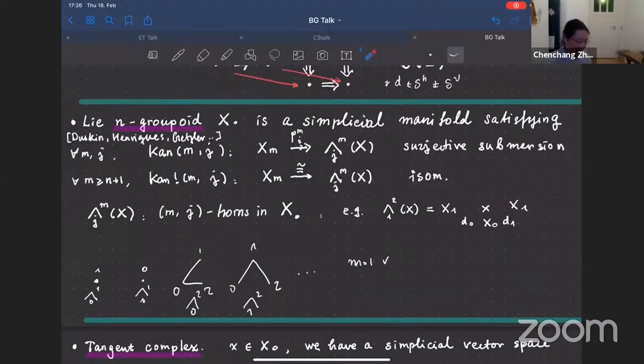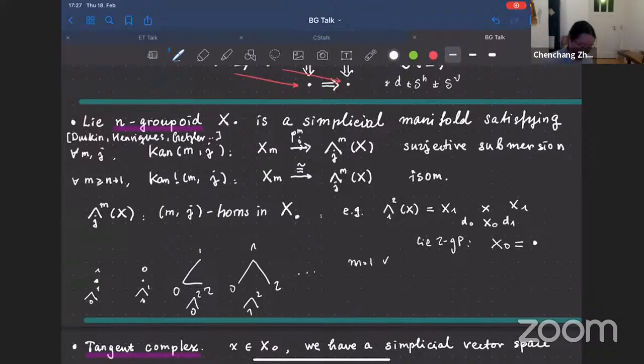And for 2-groupoids, what we care about is 2-groups, right? So a Lie 2-group is something where you have to have x0, and it's simply a point.